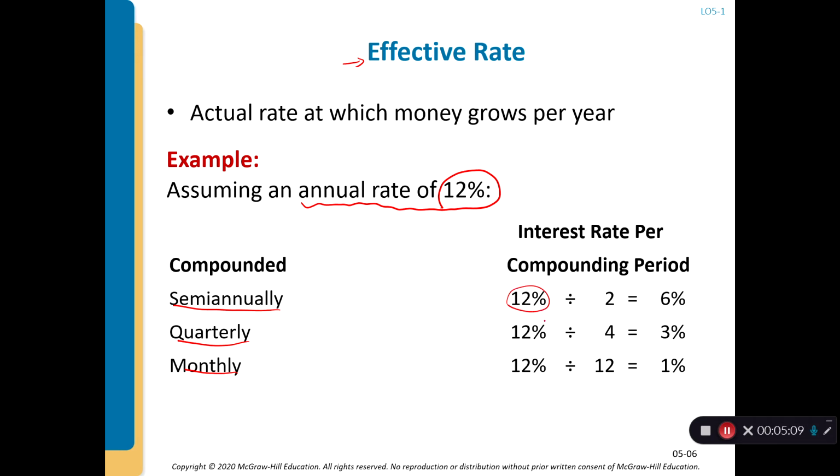If it's semi-annually, you divide by two, because this is an annual rate. Semi-annually means that you're earning 6% each half year. Quarterly means that every 3 months you're going to make a return, so the rate is actually 3%. And monthly means that each month you have a compounding rate of 1%.